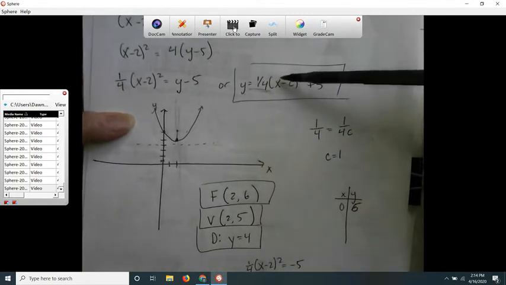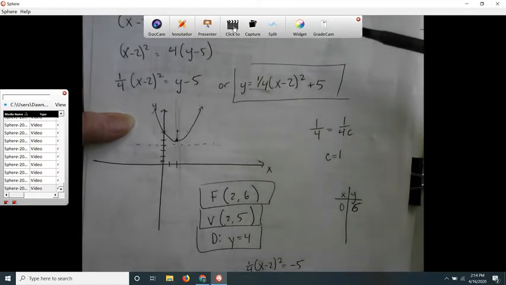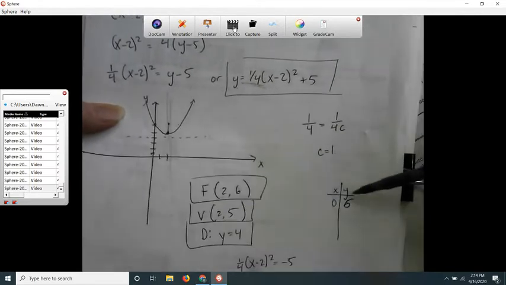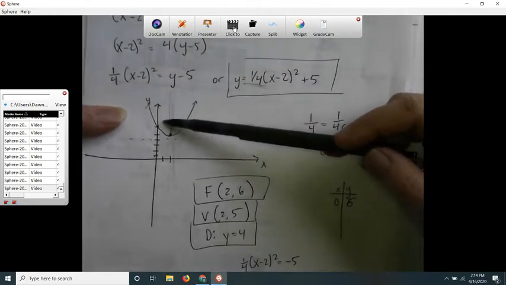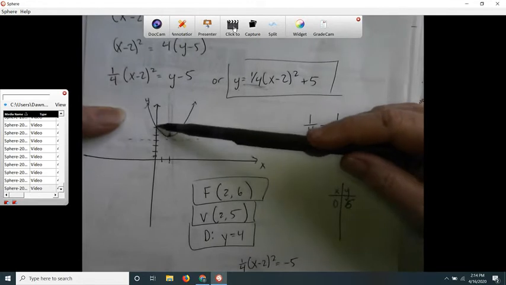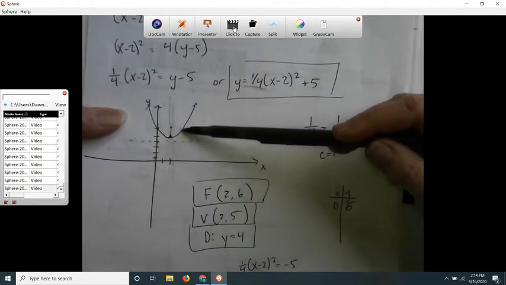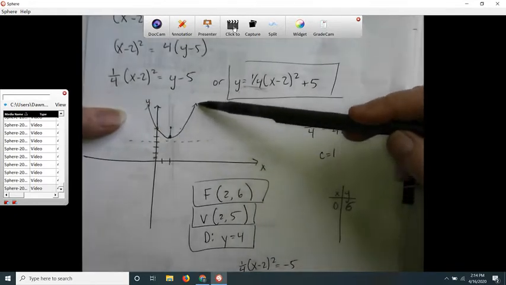So if I put 0 in for x, I get negative 2 squared is 4, and 1/4 times 4, well, that's 1, plus 5 is 6. So that's a very convenient point for me to have. And I know that there's symmetry. This is a line of symmetry, so I know there's another point right there. So that's plenty for me to get the shape of the graph.